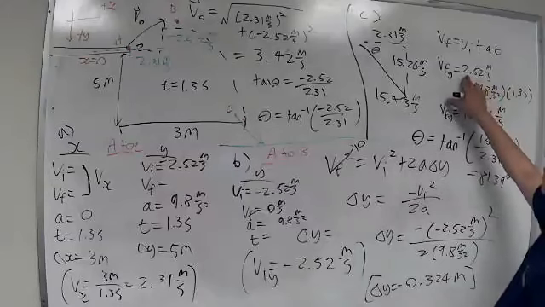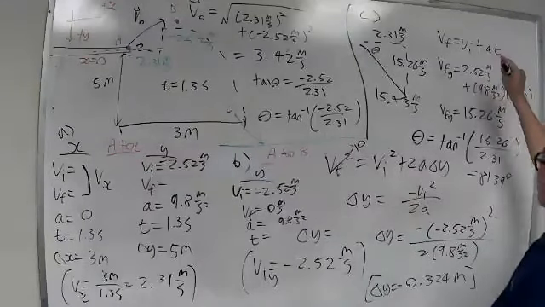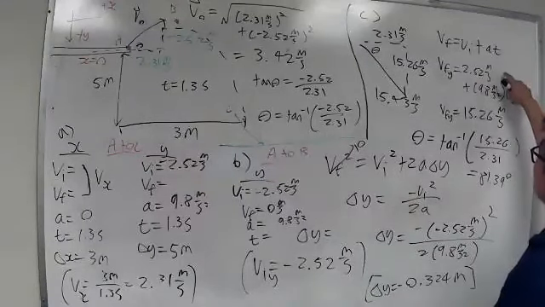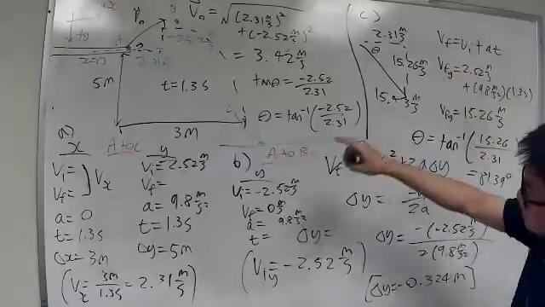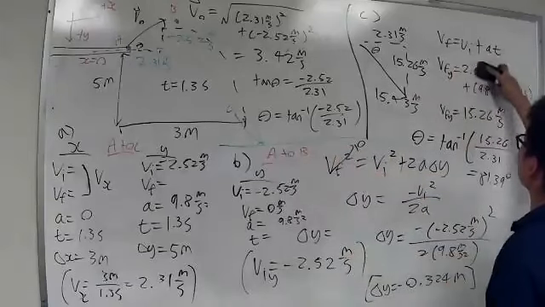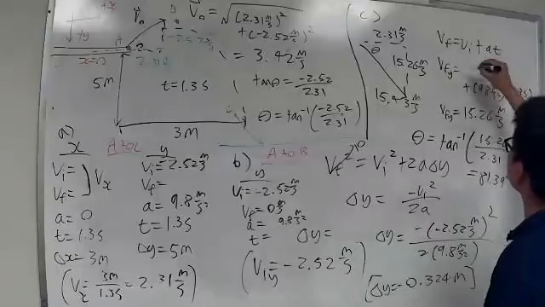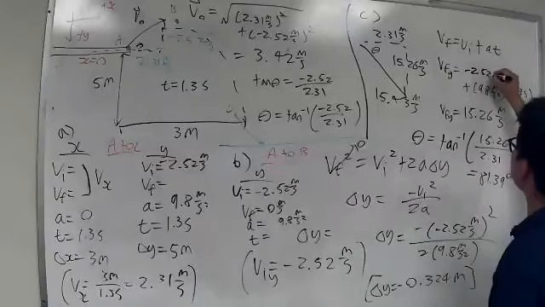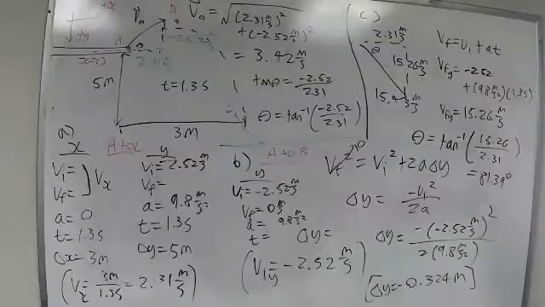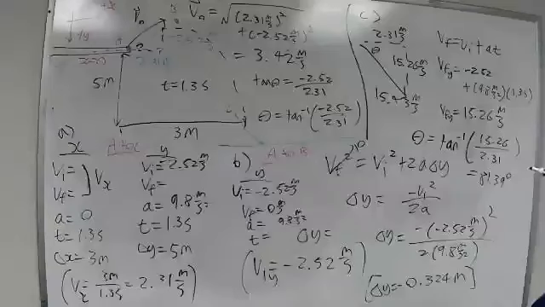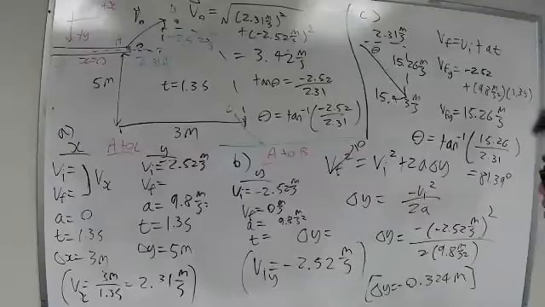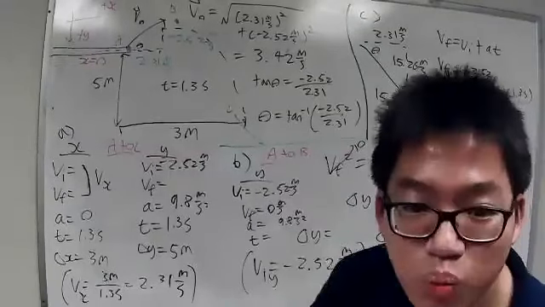Up here, shouldn't this be 2.52 acceleration? Oh, yes. And plus that, negative, and acceleration. Yes, that is correct.